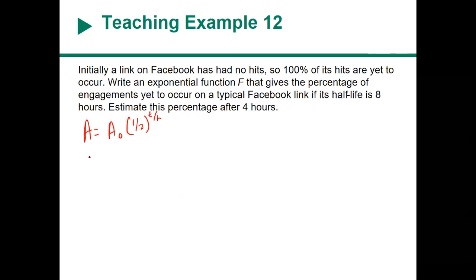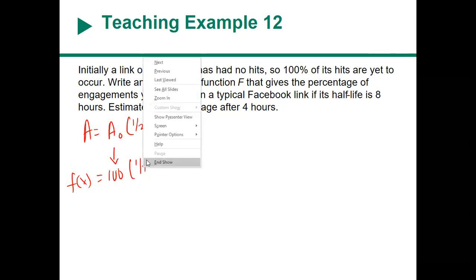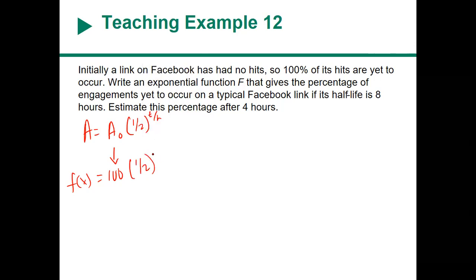So our A sub 0 equals 100. I'm going to put f of x here. And then we find our half-life, and our half-life is 8, right? So H equals 8. Are we in agreement? So we plugged in our initial and our H, and now we continue.